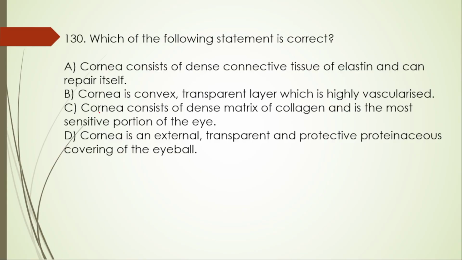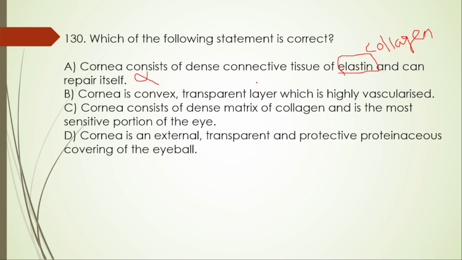Next, 130. Which of the following statements is correct? Cornea consists of dense connective tissue of elastin and can repair itself. It is actually not having elastin, it has collagen fiber. Next, cornea is a convex, transparent layer which is highly vascularized.